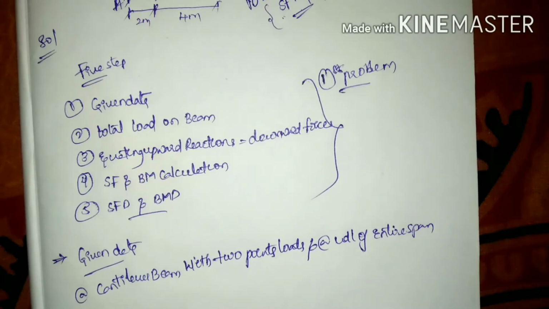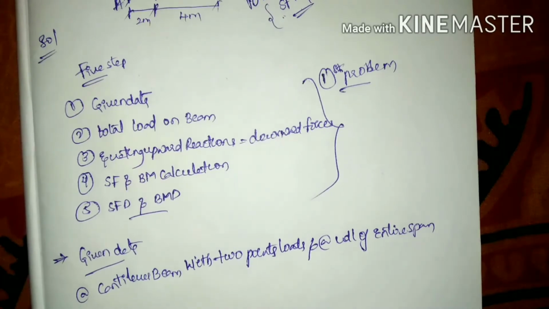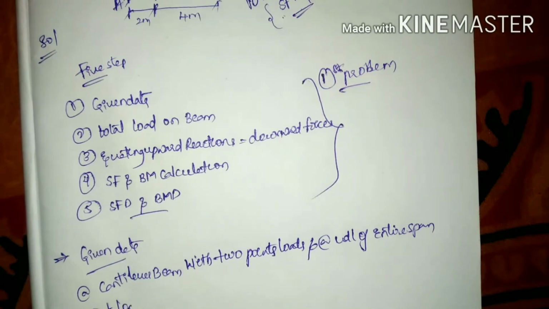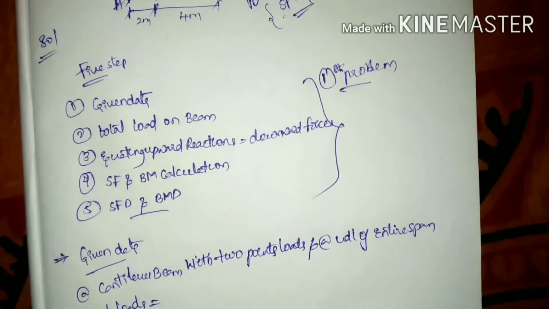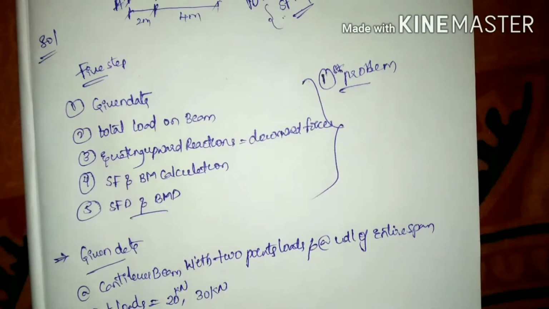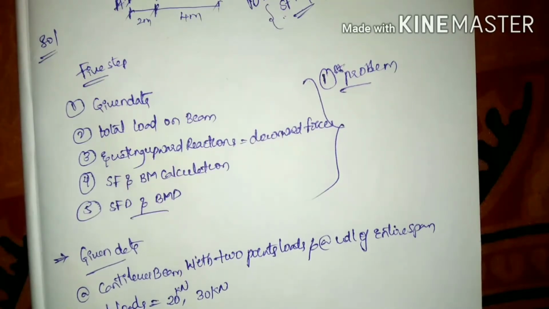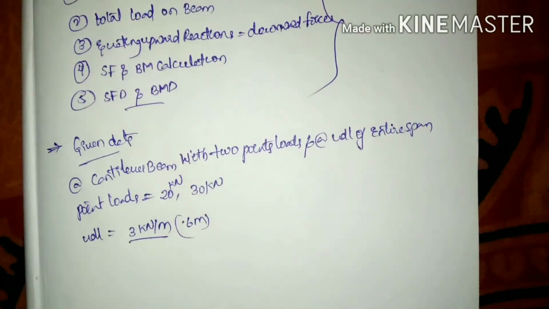The magnitude of the point loads is 20 and 30 kilonewtons, and the UDL is 3 kilonewton per meter for the span of 6 meters. It is actually for the span of 6 meters, that is the entire span.